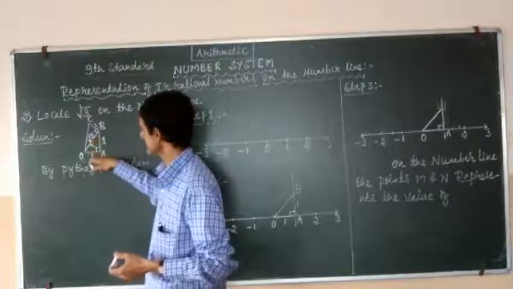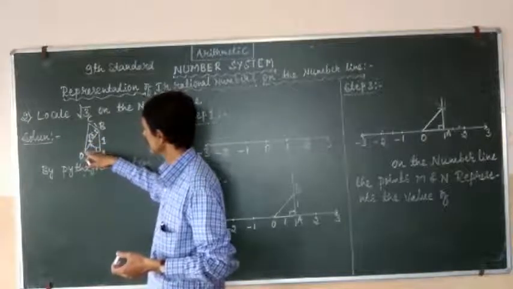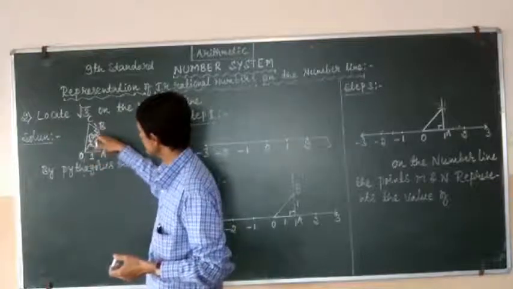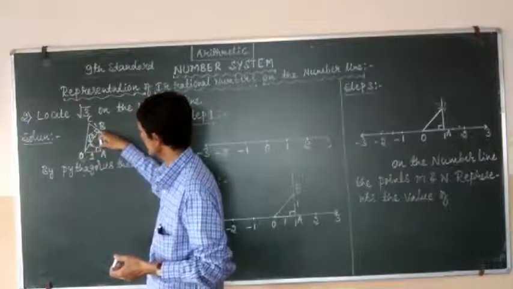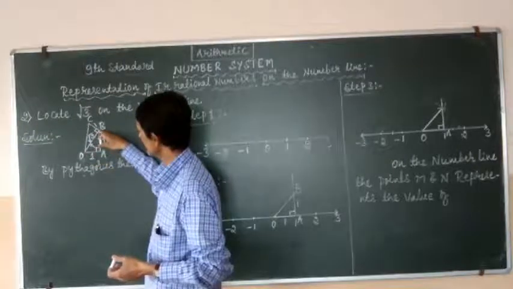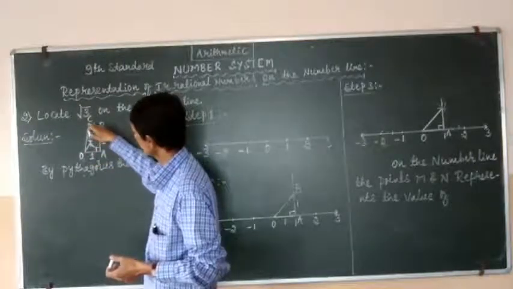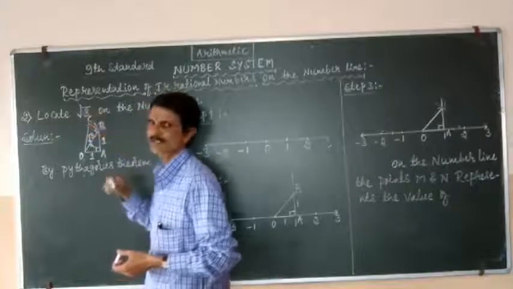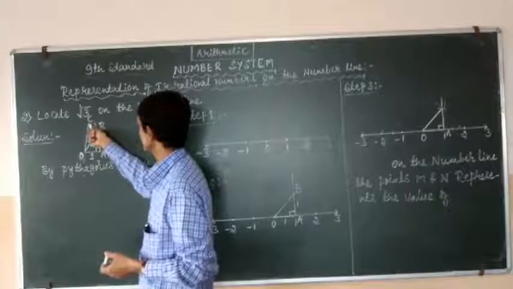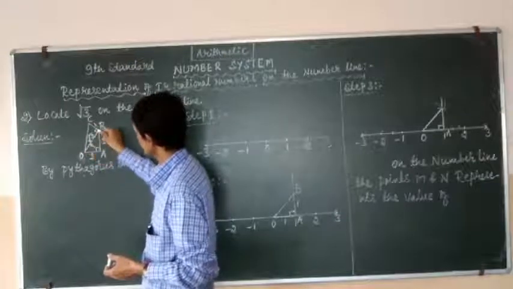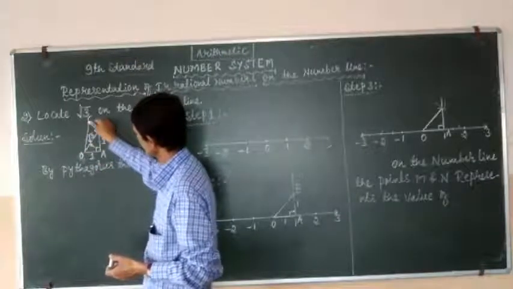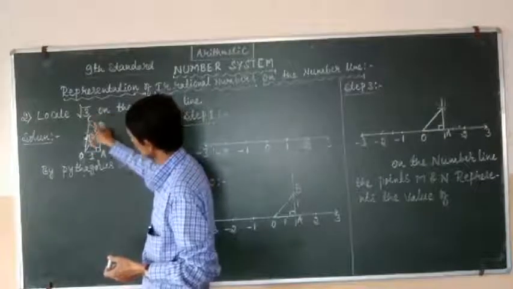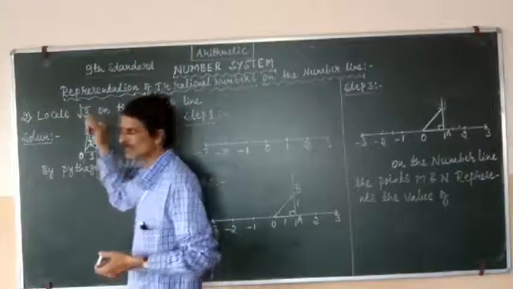After that, on the side OB, we have to draw a right angle with 1 unit. So the value of OB is root 2 and the value of BC is 1 unit. Then the value of OC represents root 3.